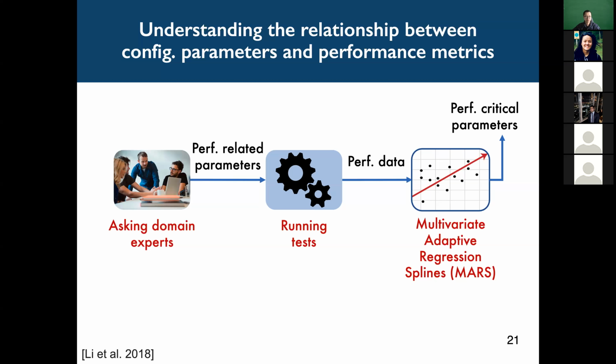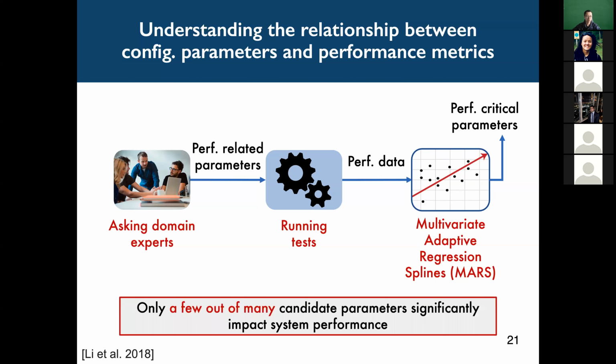So we filter out those parameters that do not impact the performance, and we only keep those that actually do. We find that only a few out of many candidate parameters significantly impact the system performance, right? Because we reduce the set of candidate parameters, we can adjust the parameters quicker.